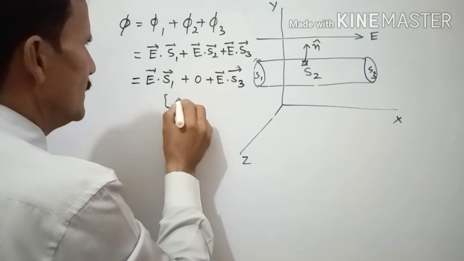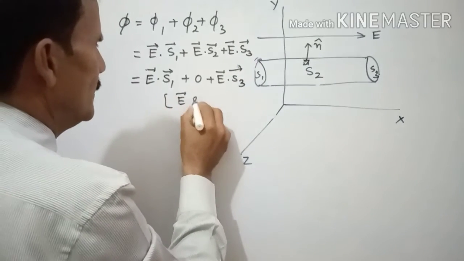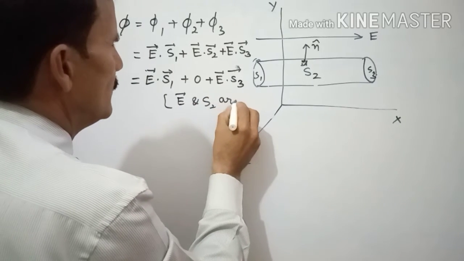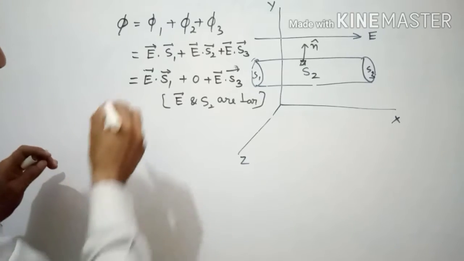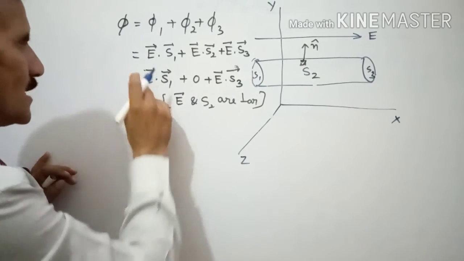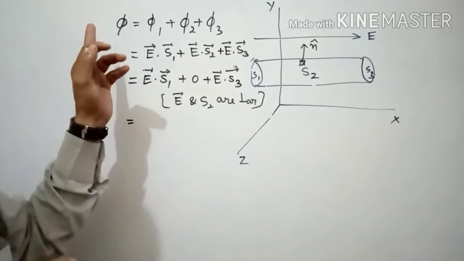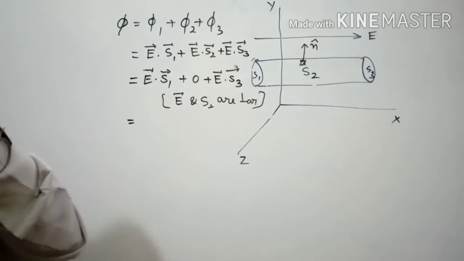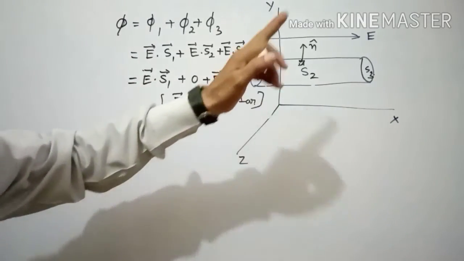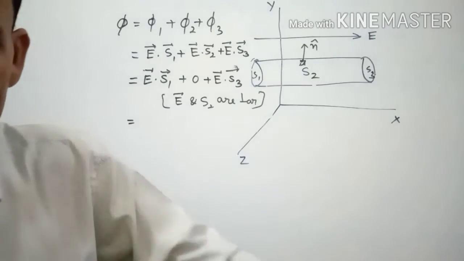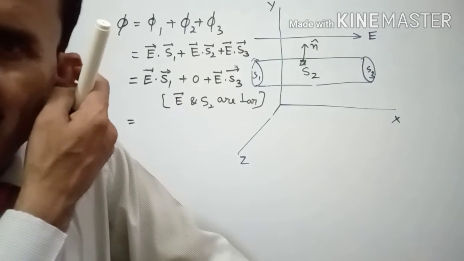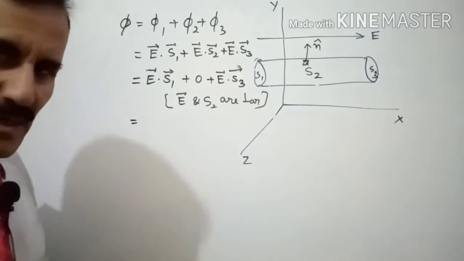Because E and S2 are perpendicular. Now let us calculate the magnitude, because it is a scalar quantity. When you take E dot S1, it is at 180 degrees, so cos 180 is minus 1.